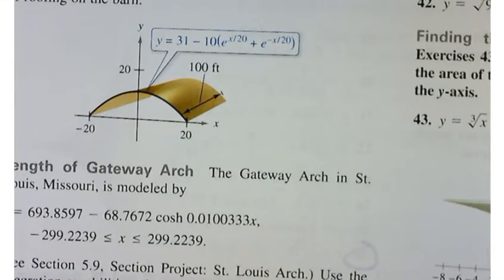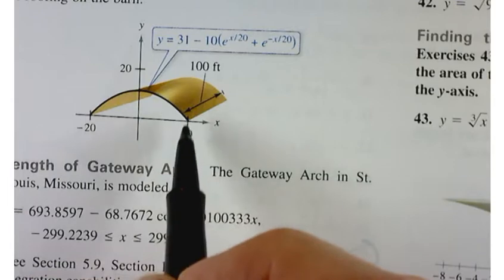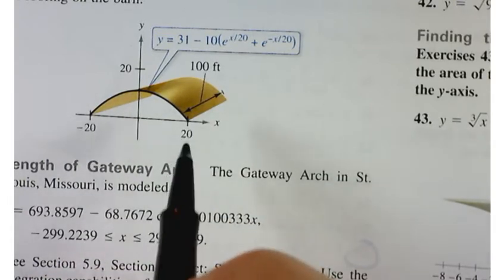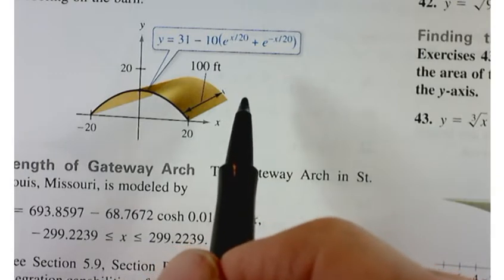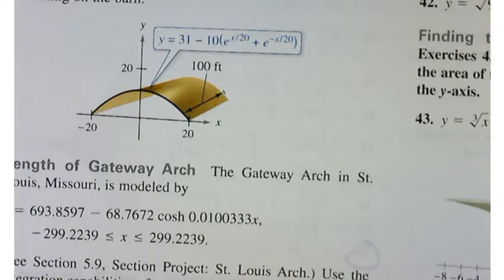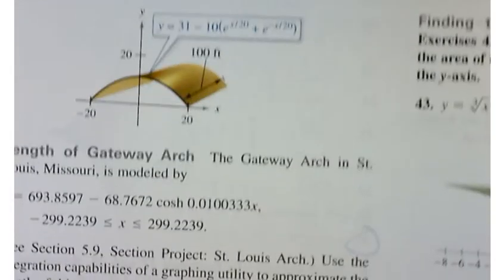So to find the area of that roof, what you're going to do is find this, the arc length, and then do what? Multiply by 100. Perfect. So you can find out how many square feet you would need of material in order to put a roof, or to cover that roof.